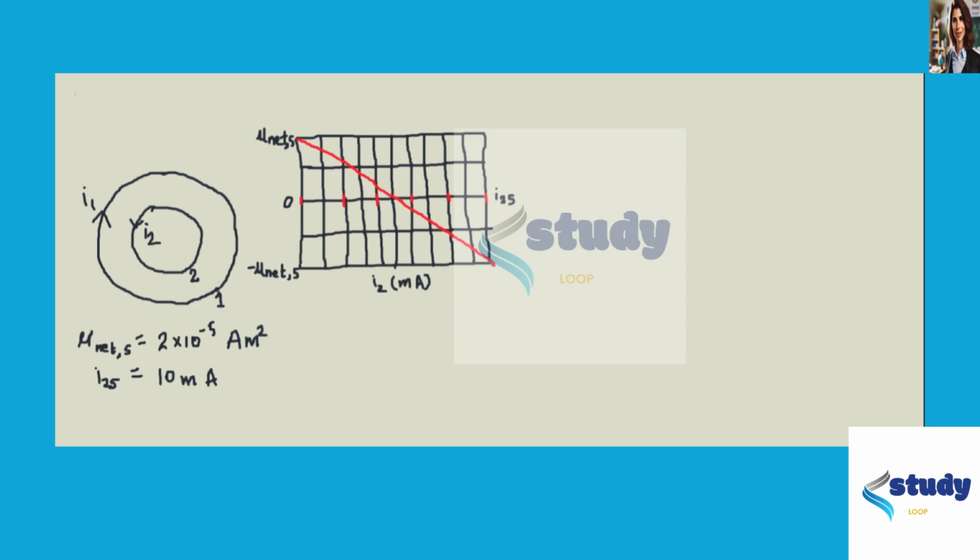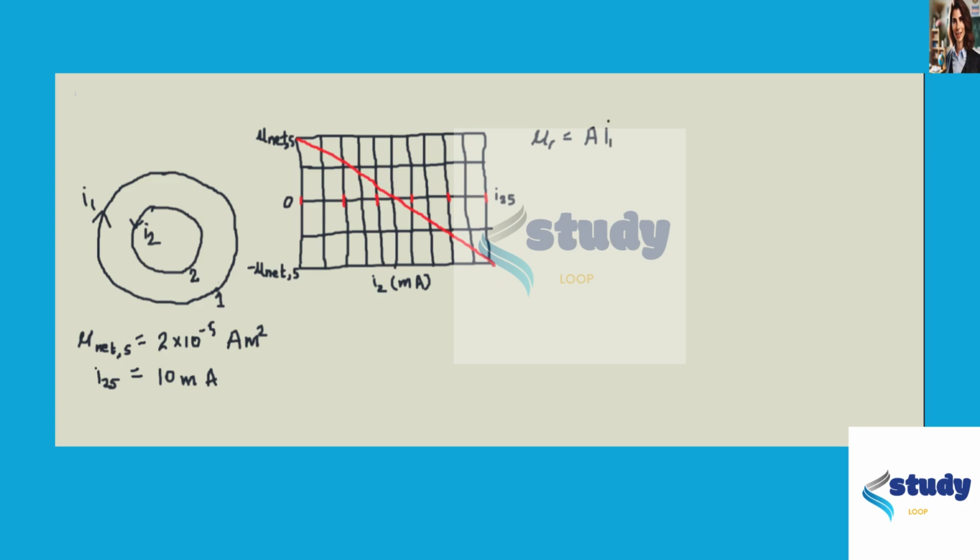Now, if you look at the graph, we can figure out some values of mu1 and mu2. So let's do that first. Magnetic dipole moment for the first coil, mu1, is equal to the area of the coil times I1.